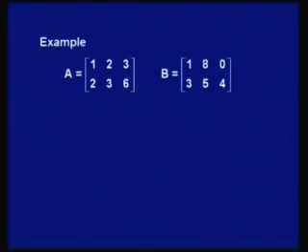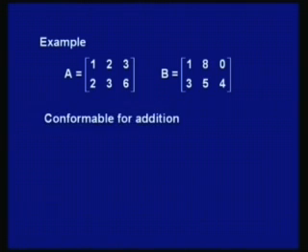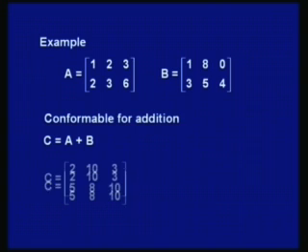For example, one can take the 2 by 3 matrix A as 1, 2, 3 in the first row, 2, 3, 6 in the second row. The matrix B is also of order 2 by 3, consisting of first row as 1, 8, 0, the second row as 3, 5, 4, and they can be added because they are conformable for addition, and the result is the C matrix obtained as A plus B as this matrix.